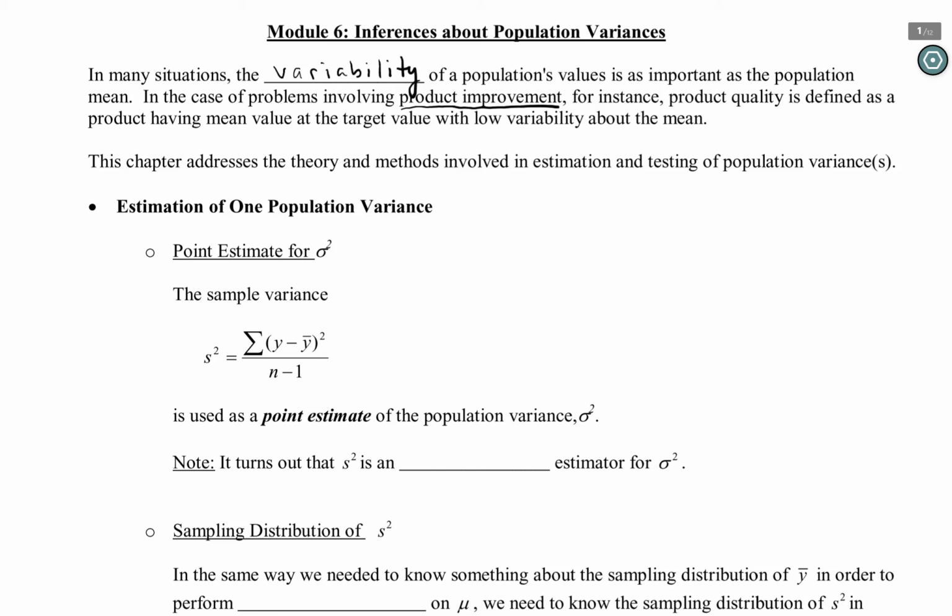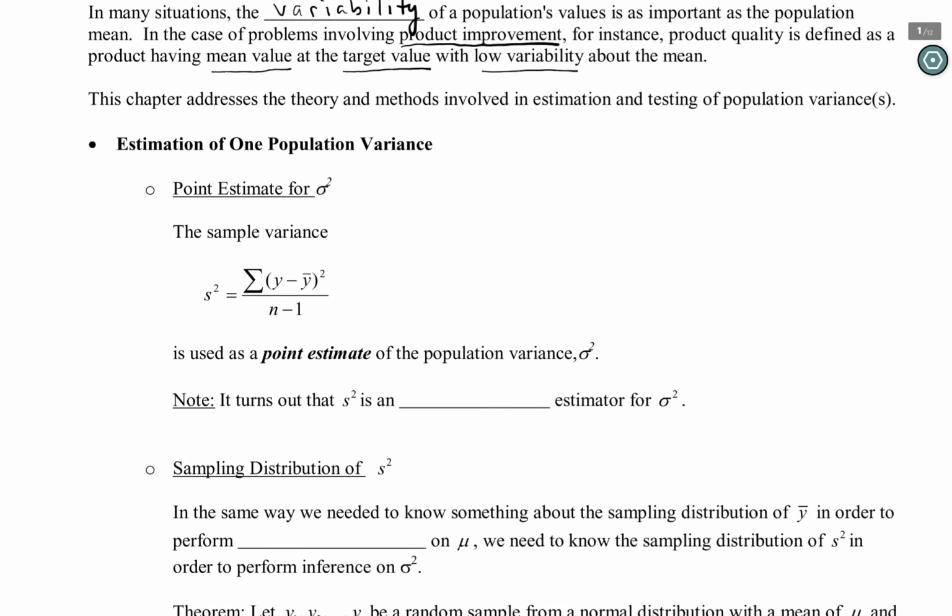The mean value of the amount of drug in that tablet should be very close to the target value, but also the variability should be very small around that mean. So we want to know something about the variability of an underlying population as well.